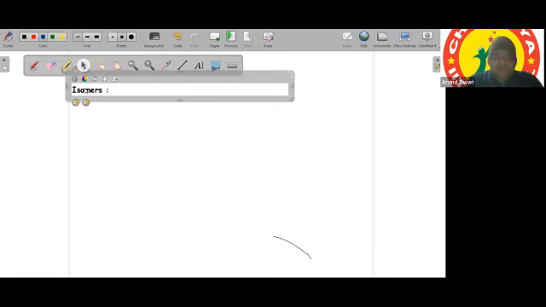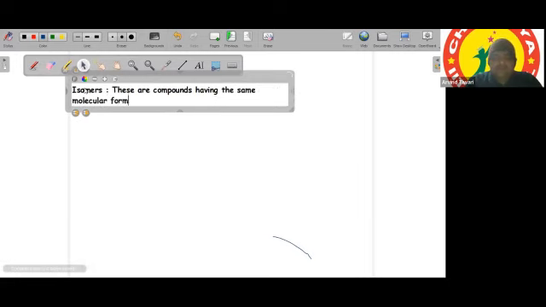Isomers are compounds having the same molecular formula but different structural formula, not chemical formula. They have a different structural formula.